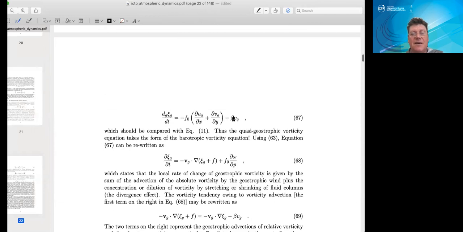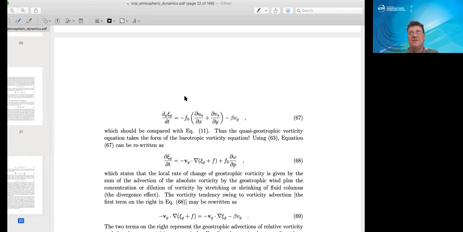And you see, the result that we get is exactly the same form as the one that we have derived using scale analysis of a more complex vorticity equation. Now, here we have done an approximation before, have an approximated momentum equation, and then you can derive exactly this vorticity equation.